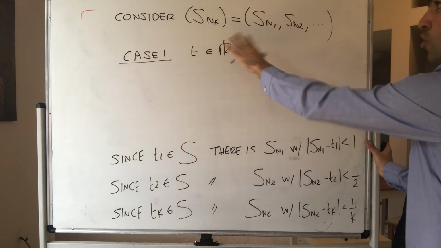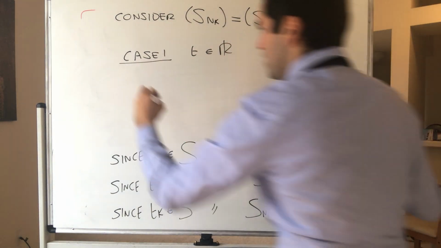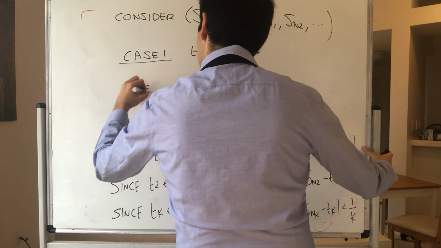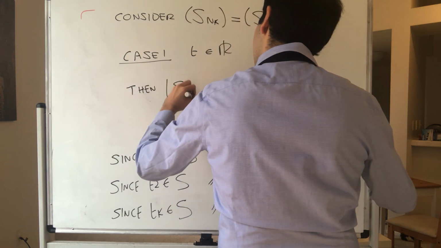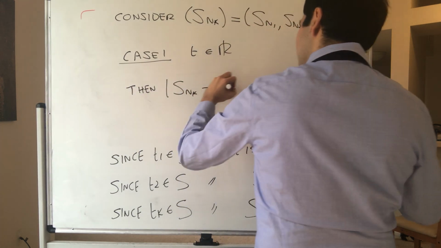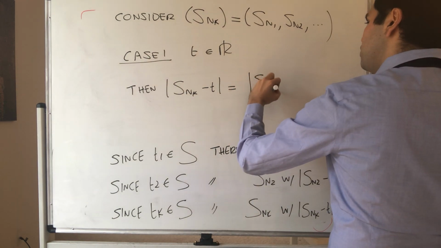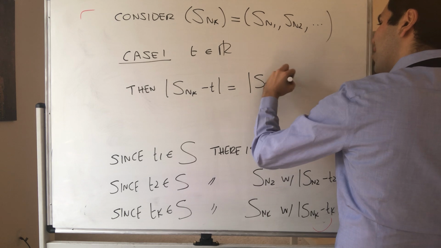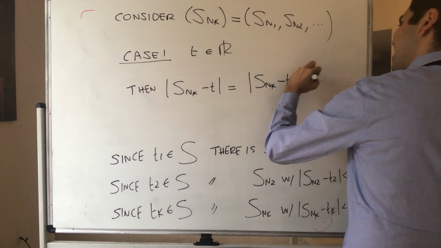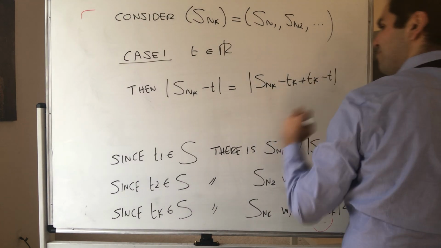And then let's compare Snk with T. So |Snk - T|. Well, here's the thing. We know Snk is close to Tk. So we can just use this beautiful triangle inequality trick. Subtract and add Tk.